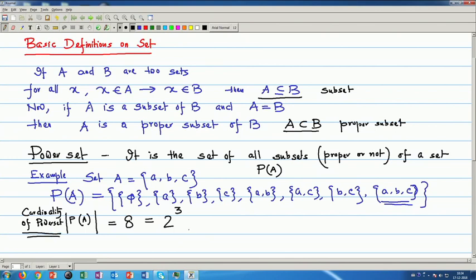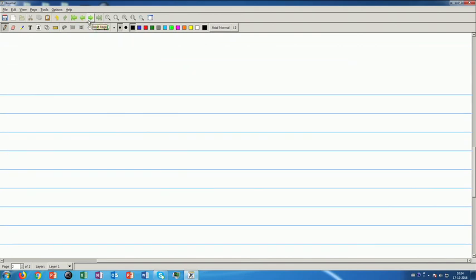Now, this is a general rule that if I have an n element set, then the cardinality of the power set is 2 to the power n. Let us put that in a theorem.